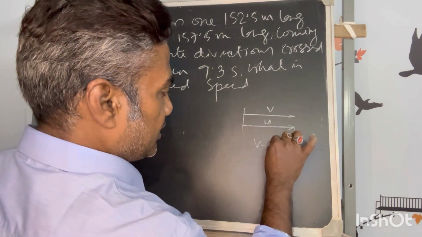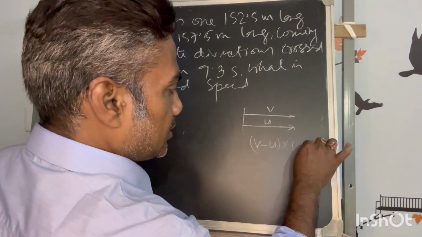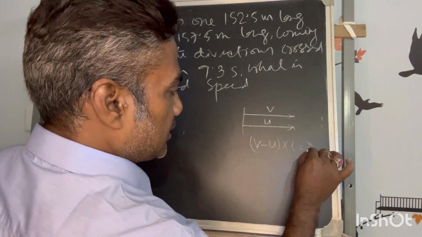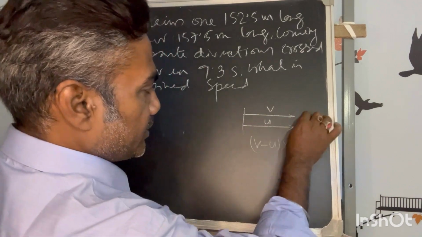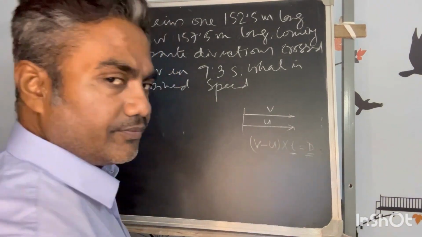If I multiply the time, this distance is the relative distance between them at a certain time.